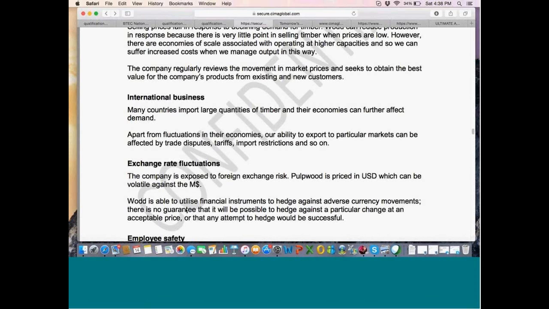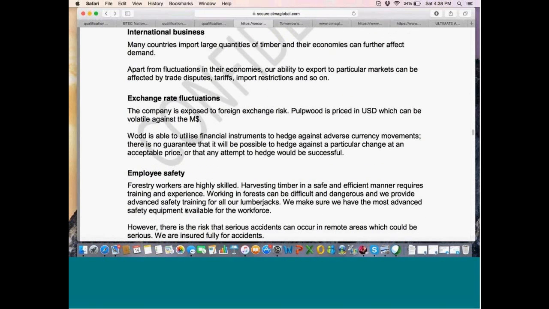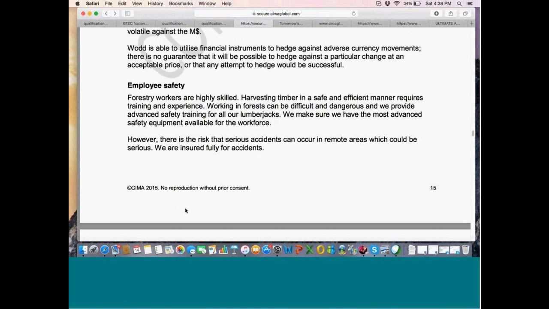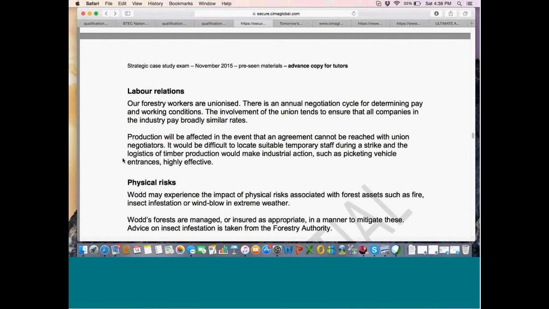Exchange rate fluctuation, we went through that. Employee safety, we spoke in length about this one. So labor relations, here we go. Talk about unionized. This is where they are a very powerful stakeholder and very interested in all the activities we do. So we will need to engage them in most of our strategic options, if you're looking at different areas that we want to go into, like investment in IT.